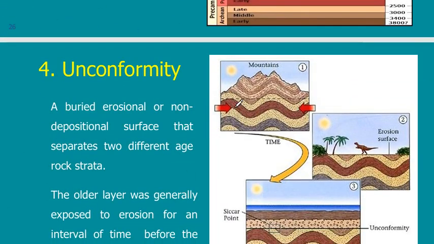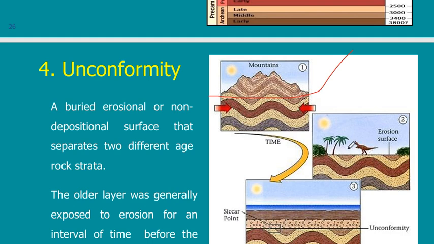How does this happen? Imagine that this is the shape of the layers. Of course, layers may be horizontal, or may be curved due to movement of the earth. Anyway, imagine that they are just curved like this because of the effect of horizontal forces. Suddenly, this upper layer was removed, so it ended up having the ground surface here, and as you can see, there is a dinosaur here. It means that this happened millions of years ago.